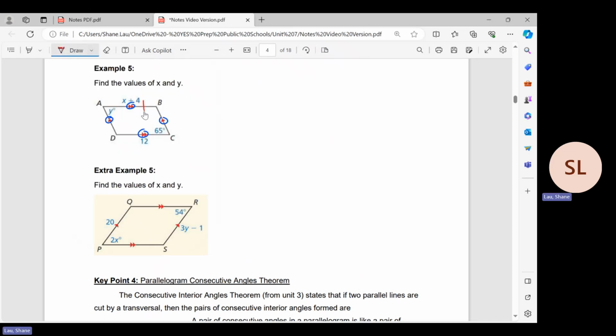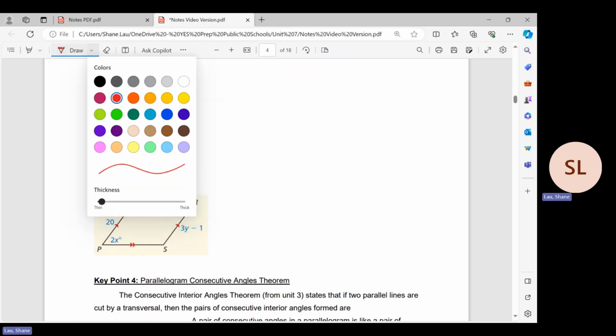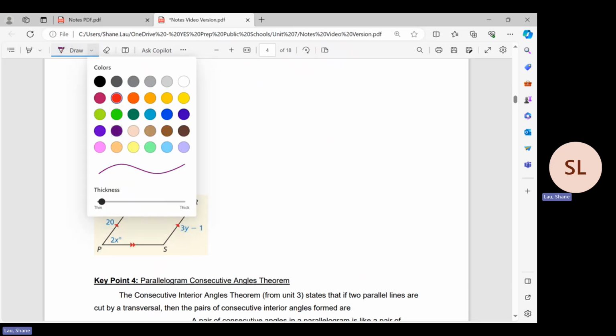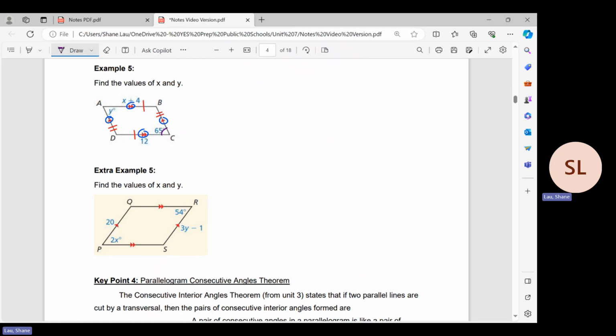So I know AB is congruent with DC, and I know AD is parallel with DC. So I'm going to make sure that I mark that with some congruent signs because they're congruent now. But then also with our angles, angle C is going to be congruent with angle A because they're opposite angles. Angle D with angle B.